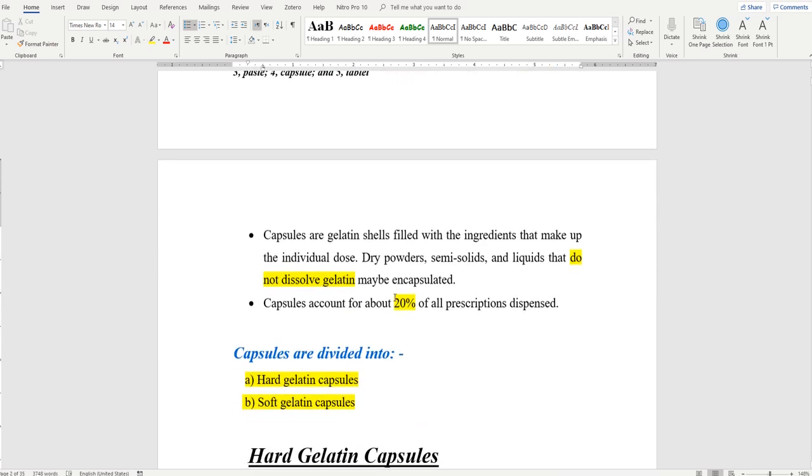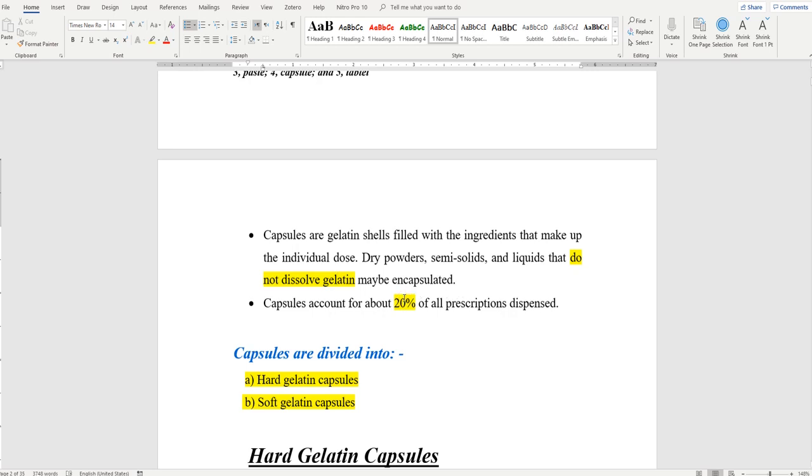Okay? Capsules are important because capsules make 20% of prescribed drugs. If we want to do analysis of the prescriptions, we will find that 20% of prescribed medications are in the form of capsules.